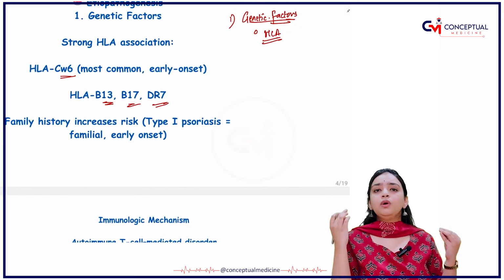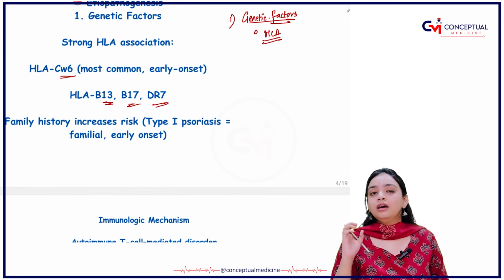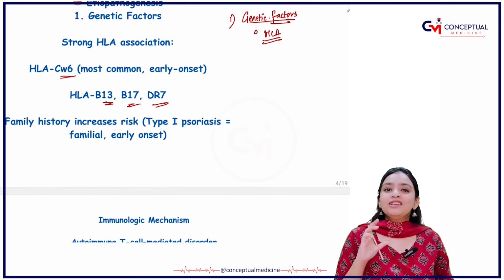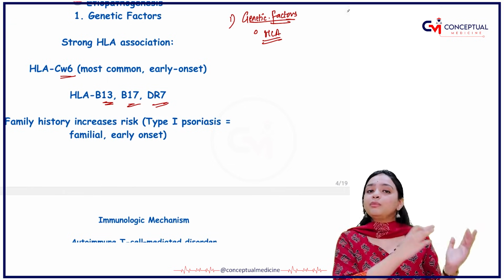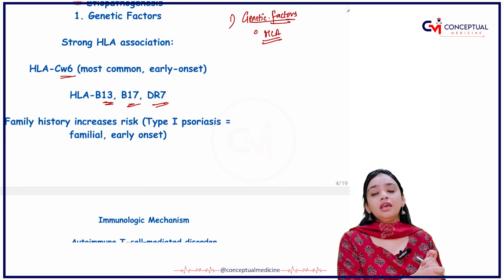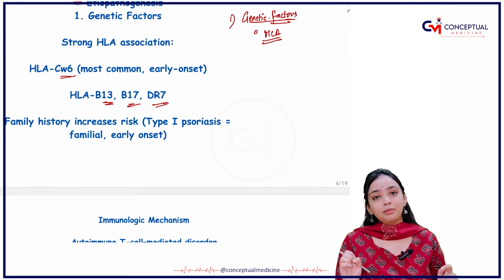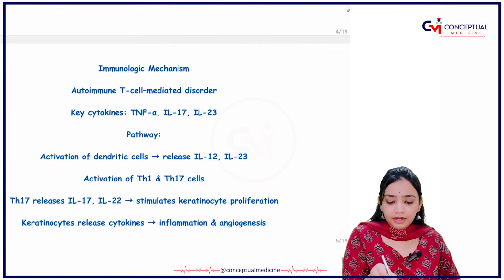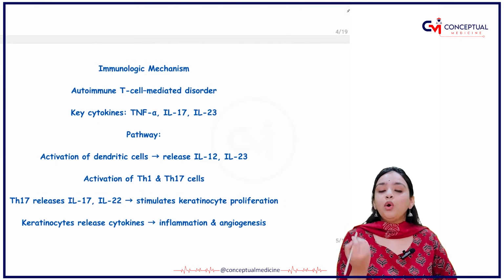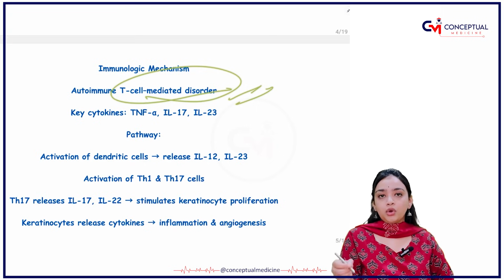I have taught you a whole mnemonic on HLA, if you remember. If you don't remember, go to your immunology section and see where I have taught you that mnemonic.